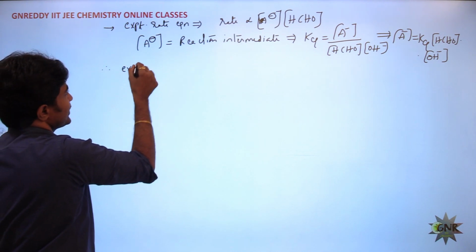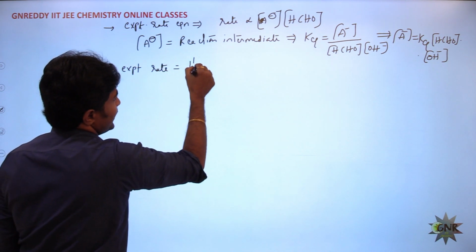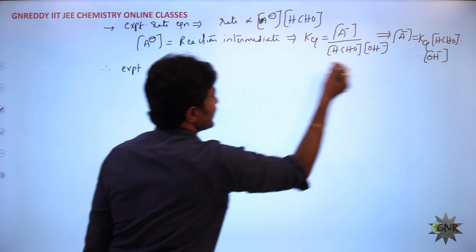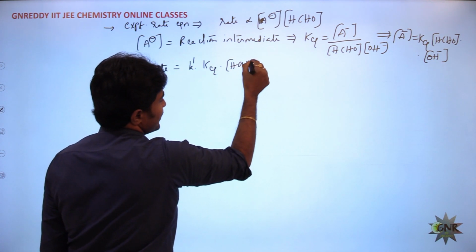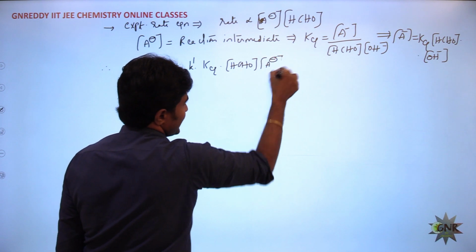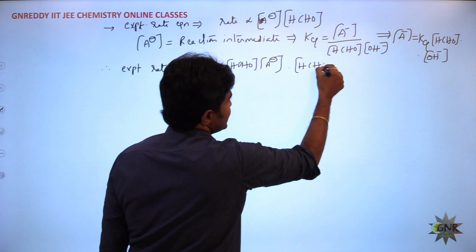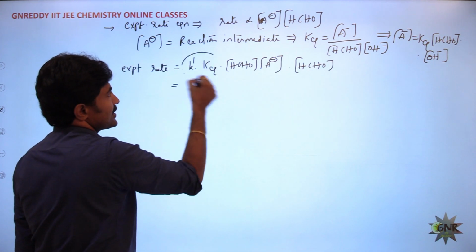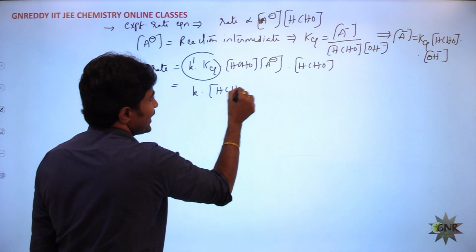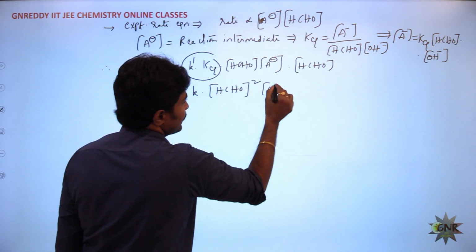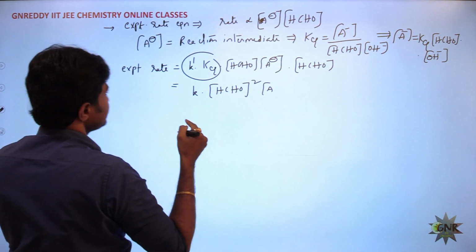Therefore the experimental rate is equal to some rate constant K dash into, what is the concentration of A minus? This is K equilibrium into formaldehyde concentration into OH minus concentration, and again into formaldehyde. So if you simplify this one, let it be one more new constant K into formaldehyde square into OH minus.